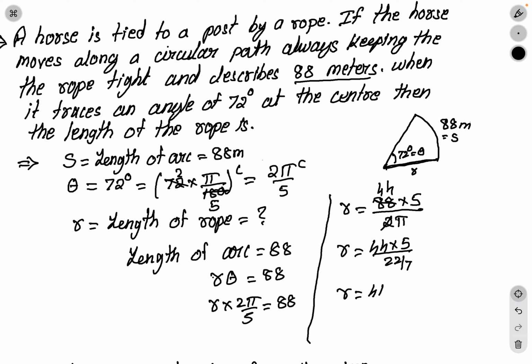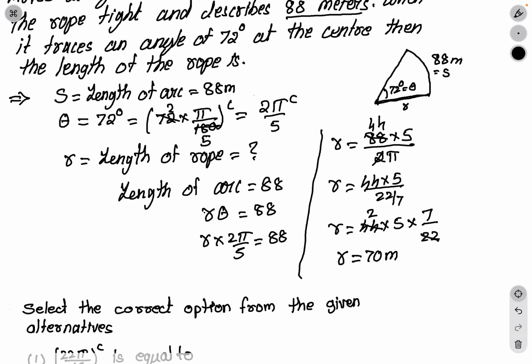So R is equal to 44 into 5 into 7 upon 22. So 22 into 2 is 44, 5 into 2 into 7 is 70. So R is equal to 70 meters. So length of rope is 70 meters.